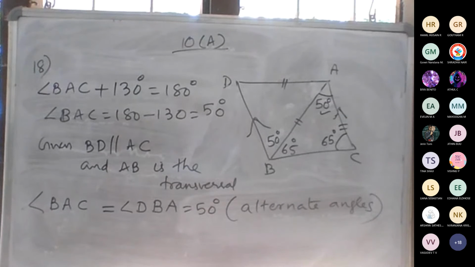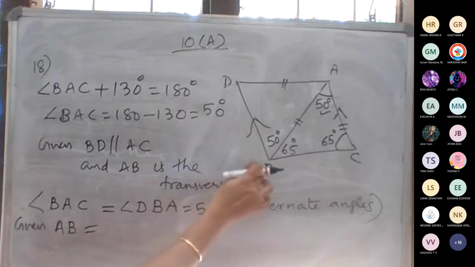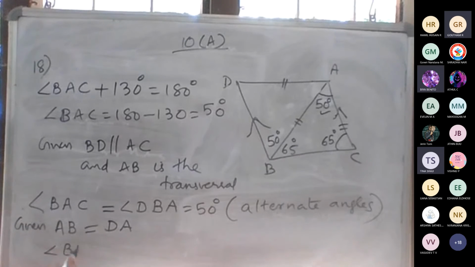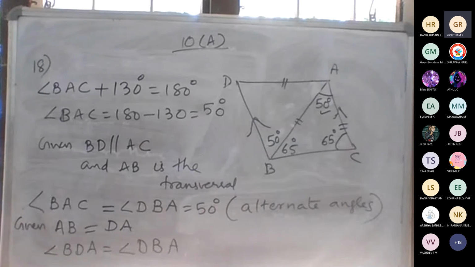Then tell me. AB is equal to AD, two sides equal. If you are considering this triangle, AB is equal to DA. Therefore, angle BDA is equal to angle DBA.